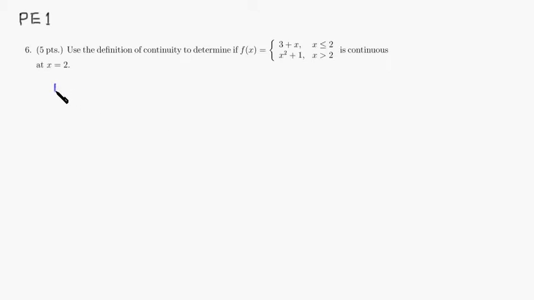So first thing is that the limit of f of x as x approaches 2 exists. Second, you have to make sure that f of 2 is defined.